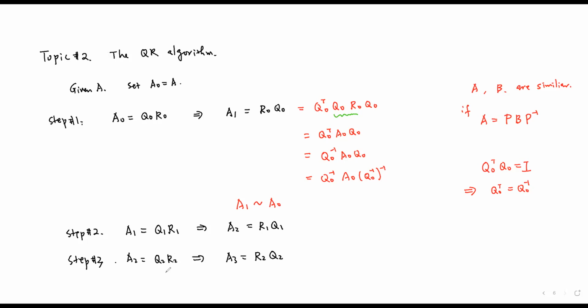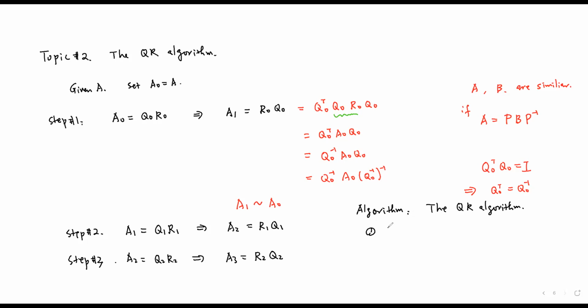In this way, we have an algorithm. This algorithm is called the QR algorithm. Very simple, but the result is very surprising, astonishing.